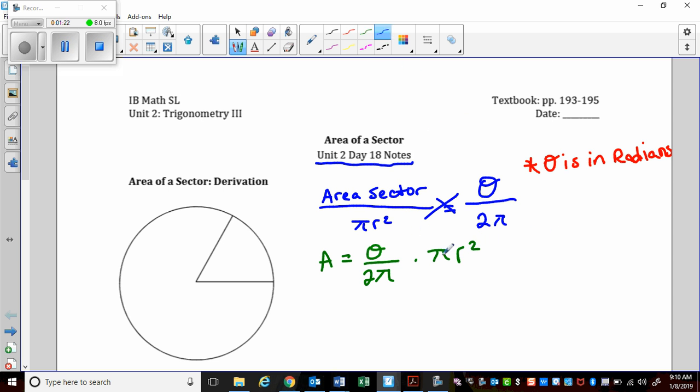The pi's will cancel, and we still have a 2 on the bottom, so we get area equals 1/2 theta r squared. Remember, theta has to be in radians. So this is going to be my area of a sector formula. We're going to need this.